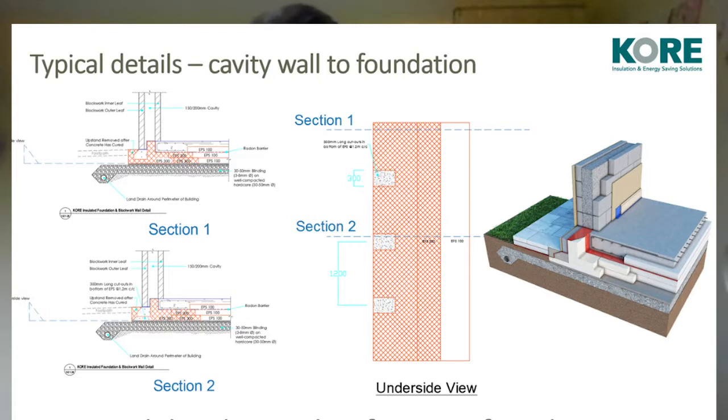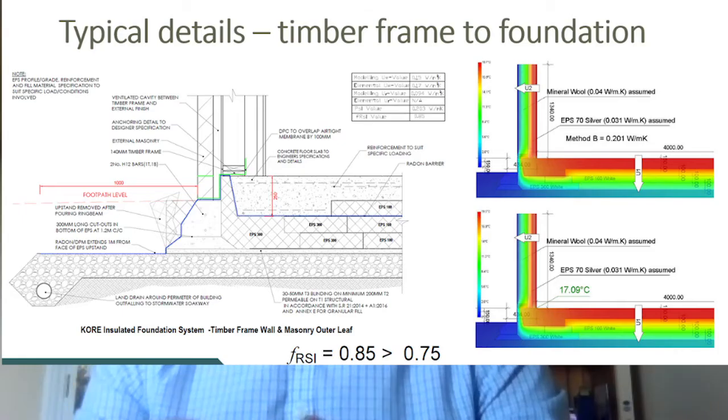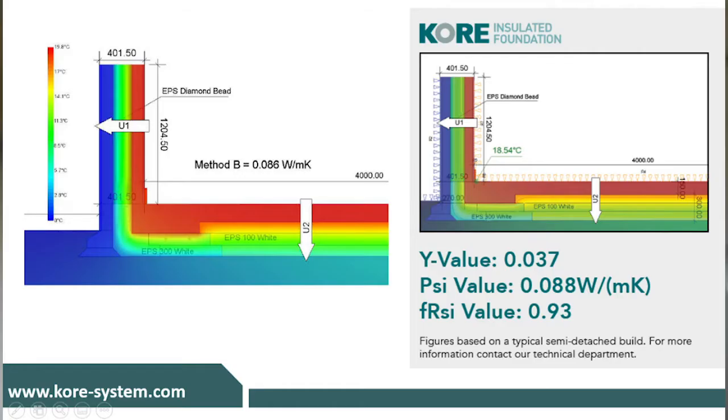We have a lot of typical details, from build types to service penetrations to the more unusual stuff as well. If a customer is looking at a project and they have something a little bit different, such as steps in the floors or retaining walls, we have the details that we can provide, and we can help the sales team get the right information and the right costings across to you.